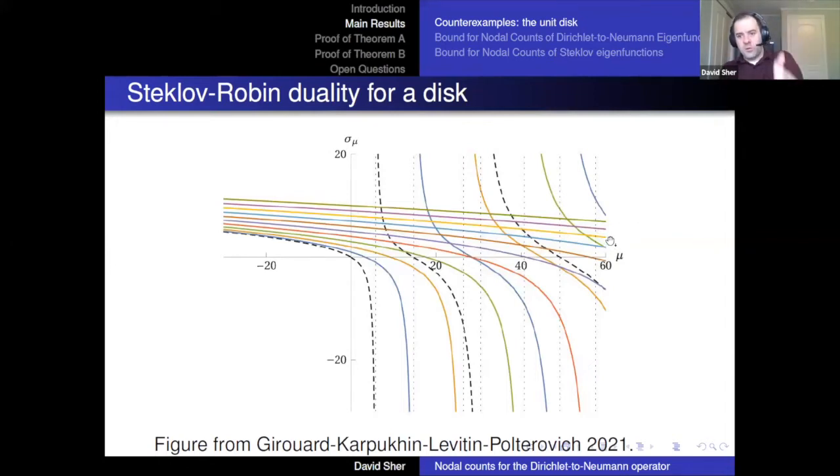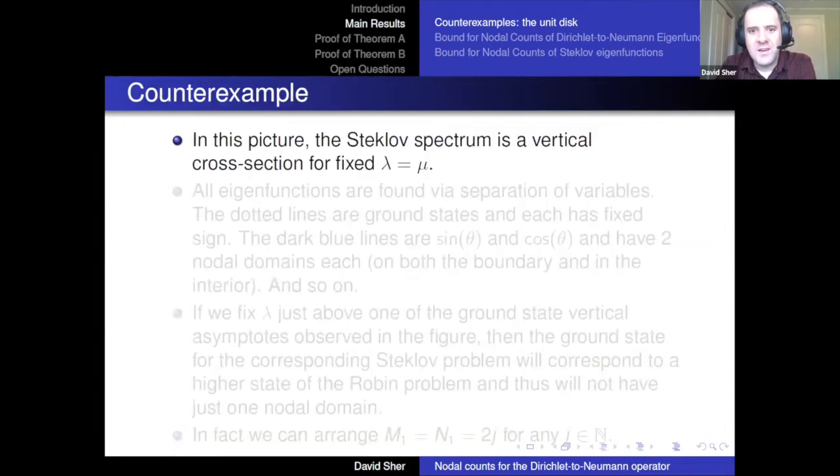Conversely, if you take a vertical slice, you get the eigenvalues of a Steklov problem with fixed lambda. And these are exactly what you get for a disk. So this is the case where omega is a disk, and here they are. So the Steklov spectrum is this vertical cross section.